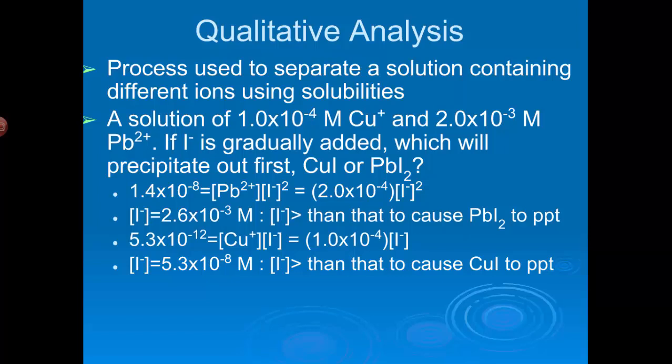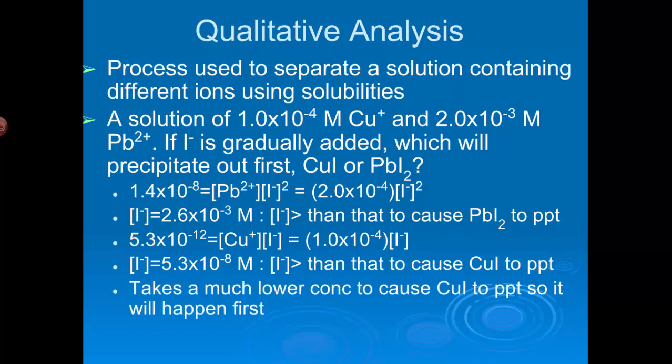Well, it takes much less iodide to precipitate copper iodide than it does to precipitate the lead 2 iodide, because it takes 2.6 times 10 to the minus 3. You're talking 5 powers of 10 more concentrated to precipitate the lead. So the much lower concentration of iodide required to precipitate the CuI means the CuI is going to come out first.